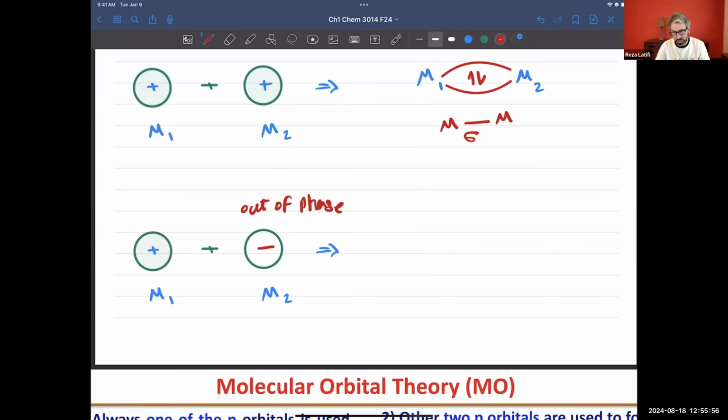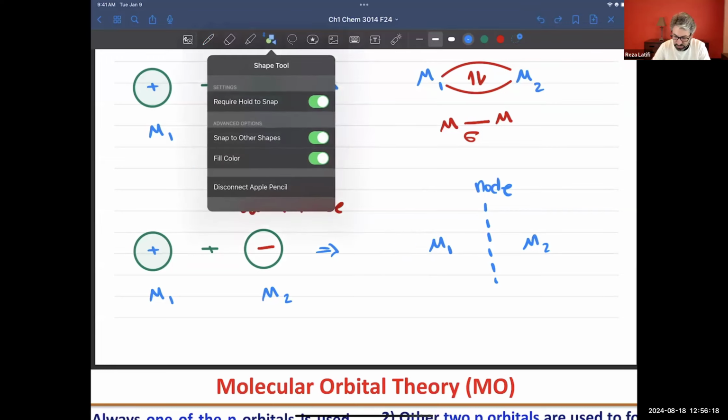Technically these two are not in phase, and in that case, we say M1 is not attached to M2. There is a node between them. So this is going to be a node. Or you can draw it by a circle here.